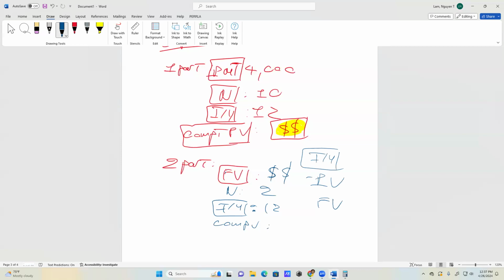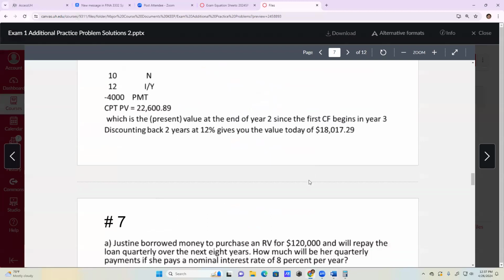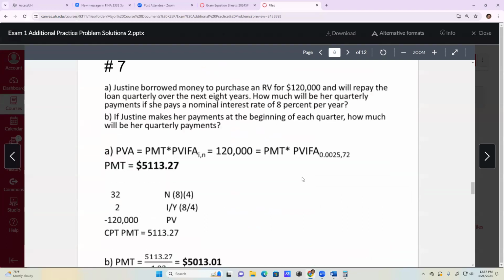Remember to put one as a negative and one as positive. Otherwise, you're gonna have an error. Okay. Yeah, so the trickiest part is, if it says 3 years from today, then you have to know there's a two-part process to it.